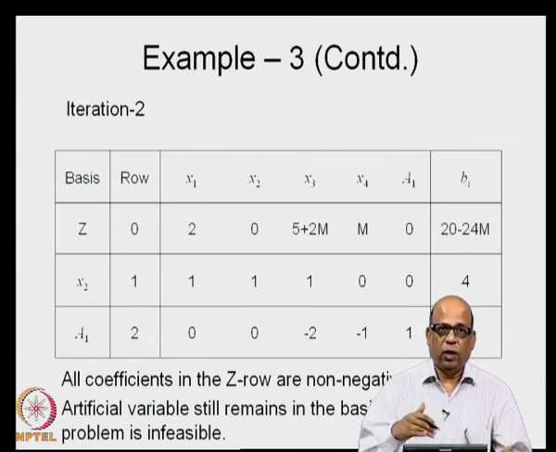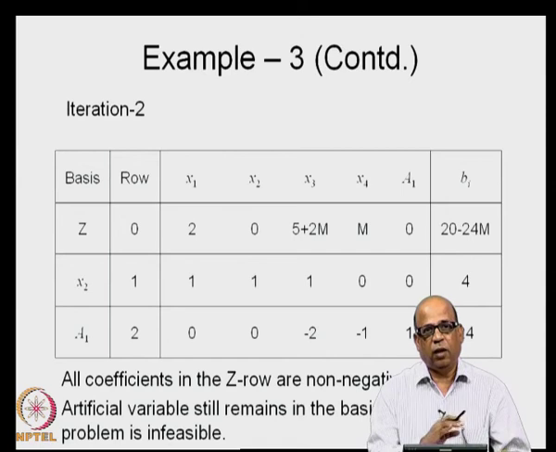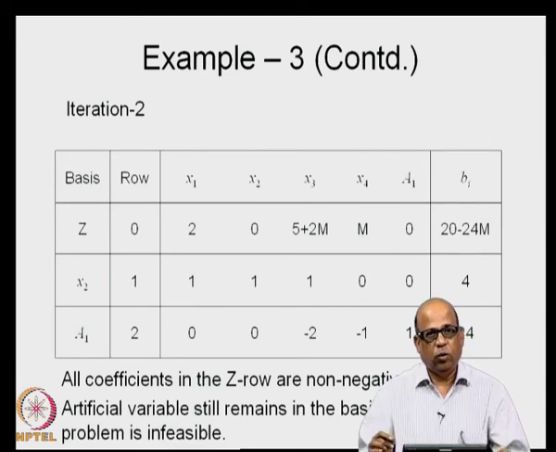Then you know how to identify an infeasible solution: you have hit the optimality criteria, but at least one of the artificial variables is still in the basis, and therefore it becomes an infeasible solution. So, all these special cases you know how to identify through the simplex algorithm.